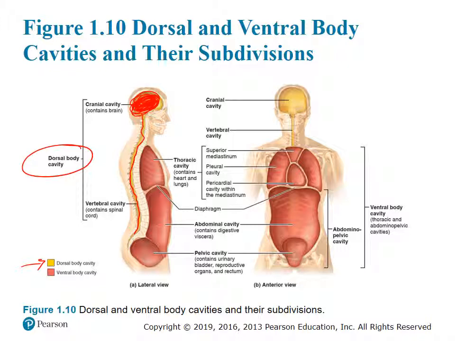Okay. The ventral body cavity is the one in front. You can see that there. So there's two views. There's an anterior view and then the lateral view, the side view. And you can see the ventral body cavity has other subdivided cavities, right? But anything you see in red is all ventral. And that's usually the front side.